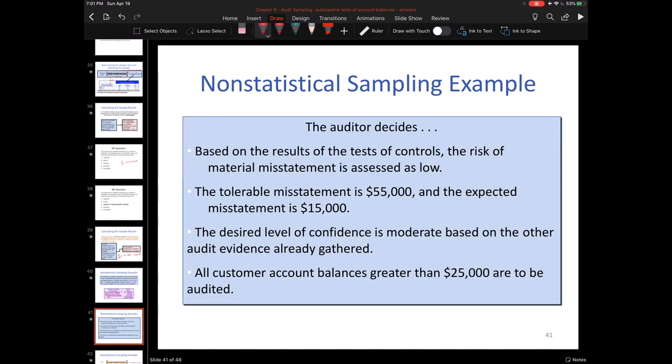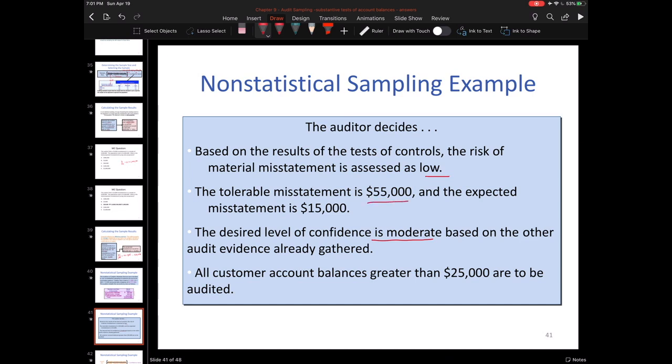And then it gives us information that we need to know for that confidence factor. So RMM is low and confidence is moderate. So now I plug those in to get my confidence factor.